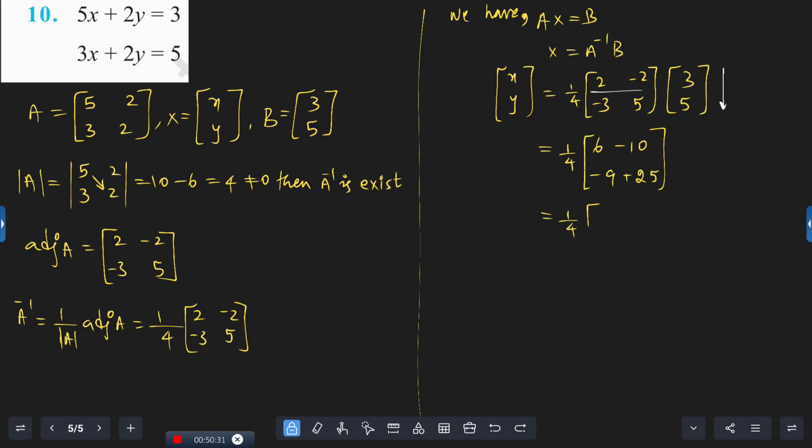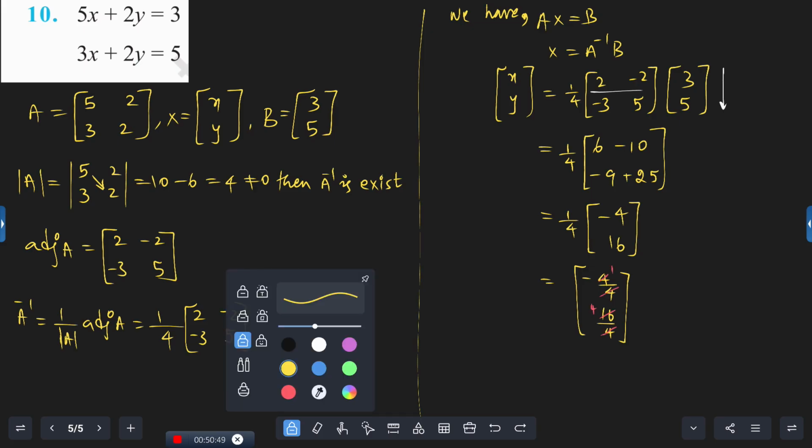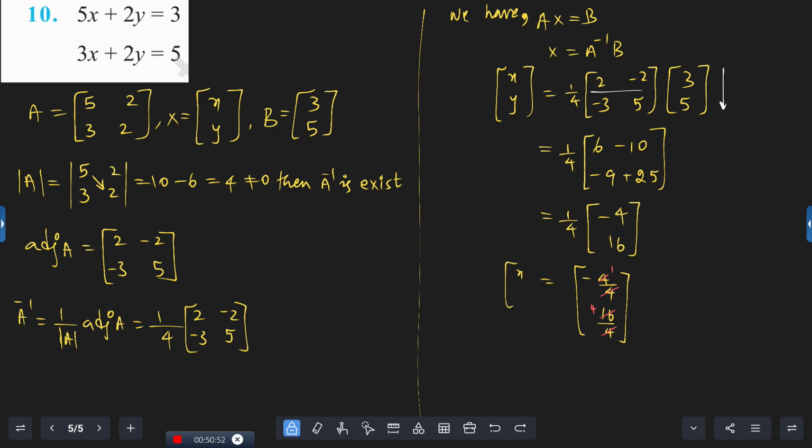1 by 4 into, when you subtract, minus 4; 25 minus 9 is 16. 1 by 4 when you multiply inside, 4 by 4, and here 16 by 4, it is possible to cancel. So 1 times 1, and 1 times 4, so my X, Y is equal to minus 1 and 4.